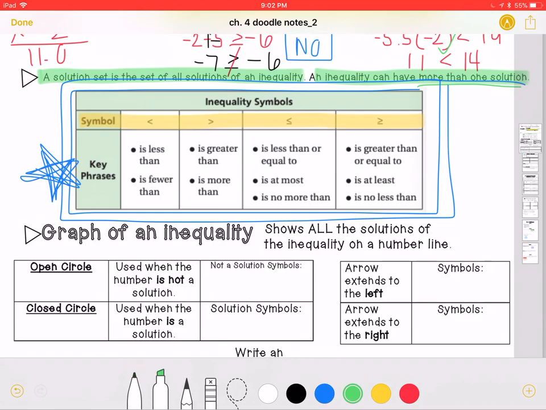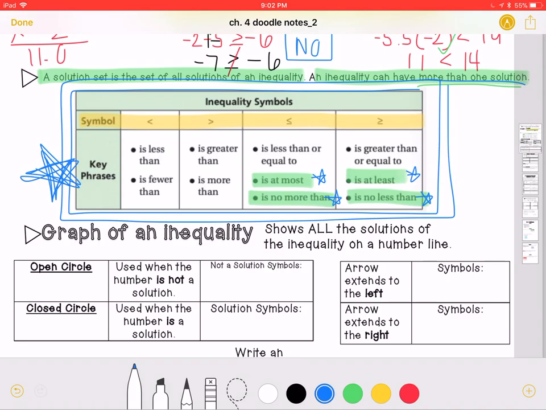I would maybe highlight at most and no more than. That's the same thing as less than or equal to. And then greater than or equal to, the words at least and is no less than also mean greater than or equal to. Those are probably the newer or trickier ones, these 4 phrases that people probably mix up the most.